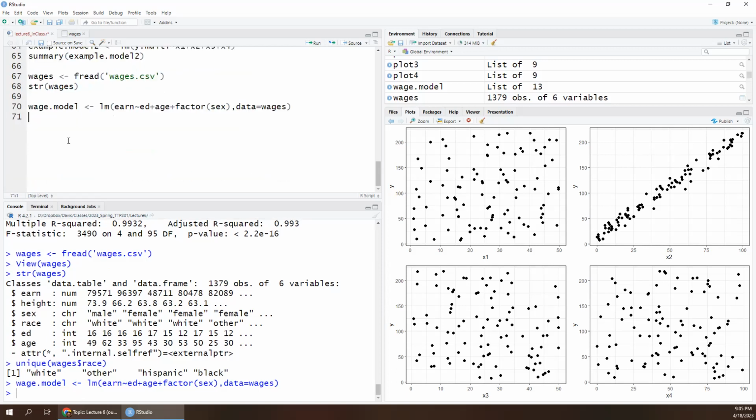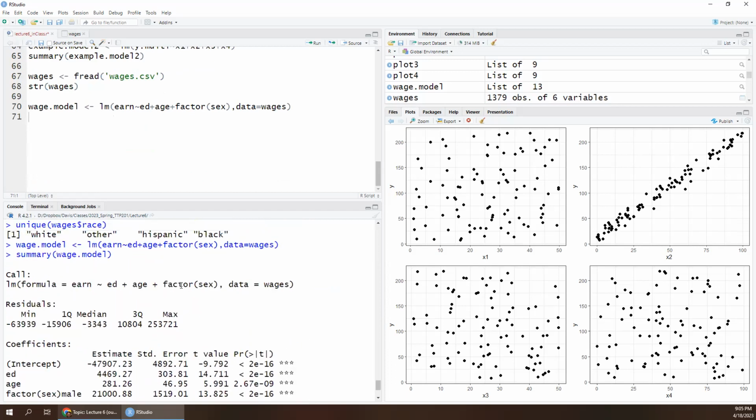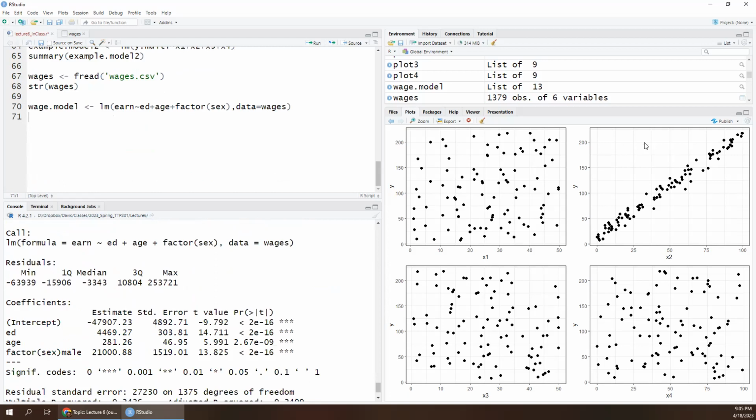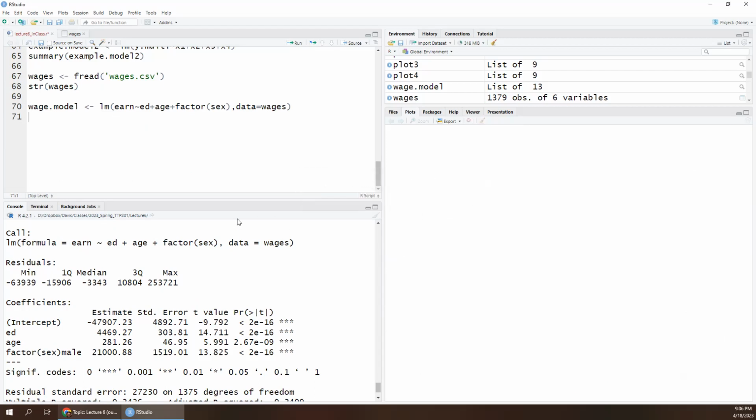And if I look at the summary of this, okay. Oh, I wanted to clear all the plots. There we go. Okay.